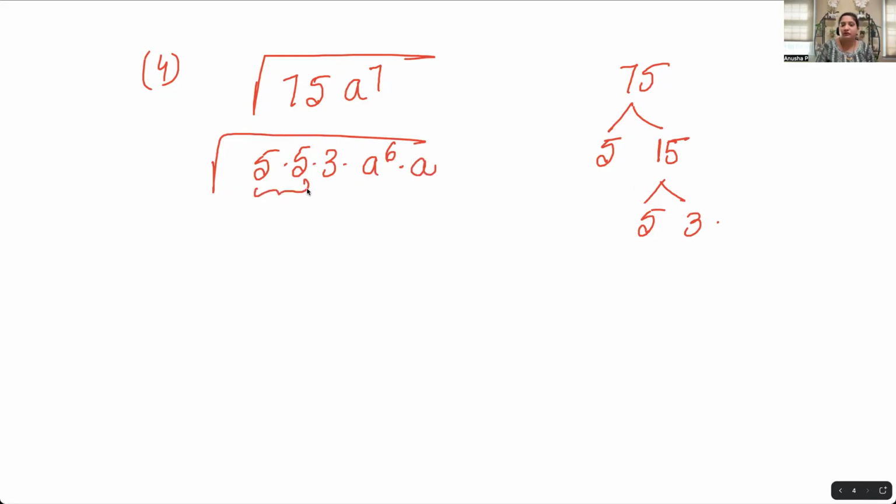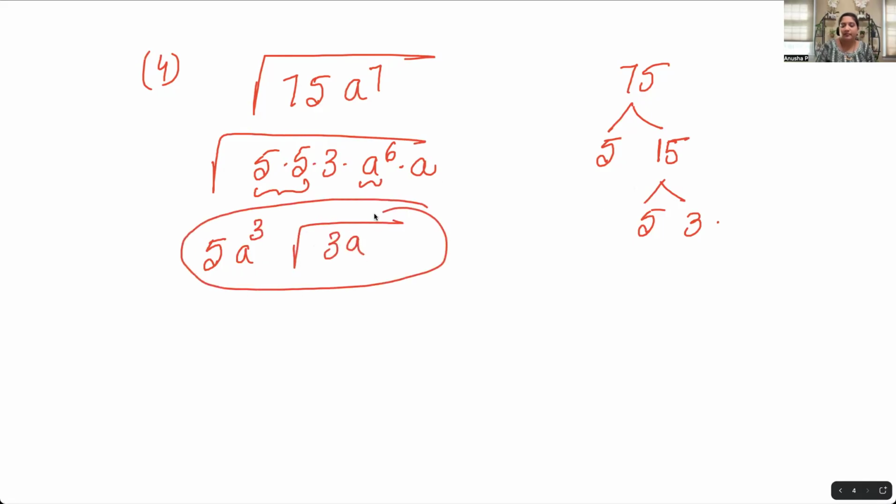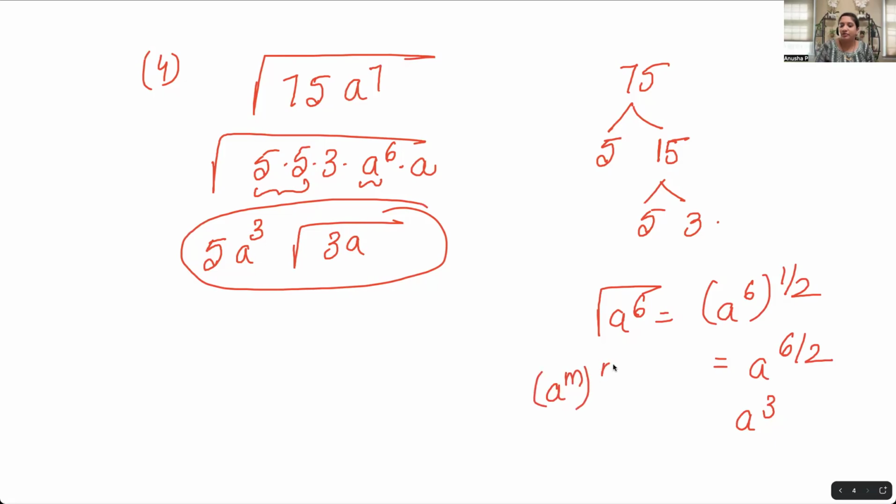If you have two 5's in common, you write one 5. The square root of a to the power of 6 is a to the power of 3, and the leftover is 3a. The square root of a to the power of 6 is a to the power of 6 whole to the power of 1 by 2. 6 divided by 2 is a to the power of 3, because we have the formula a to the power of m whole to the power of n is a to the power of m times n.